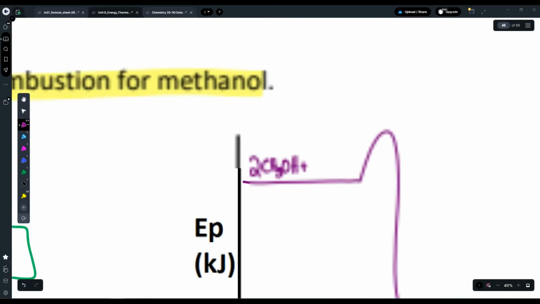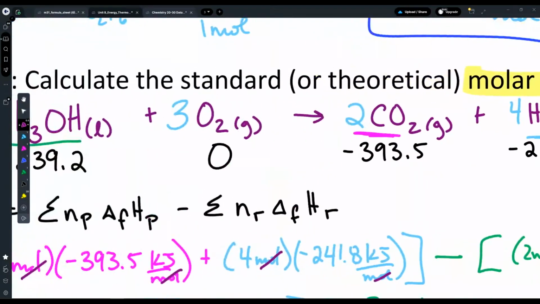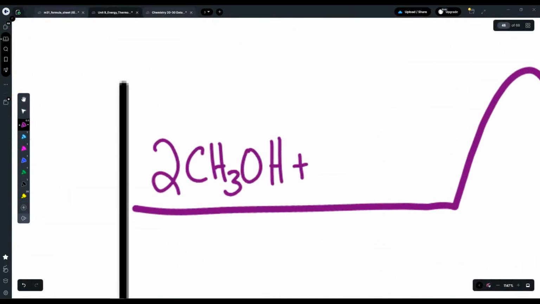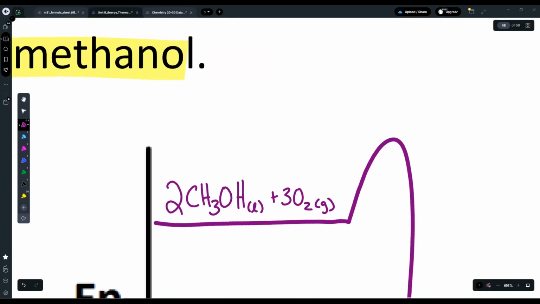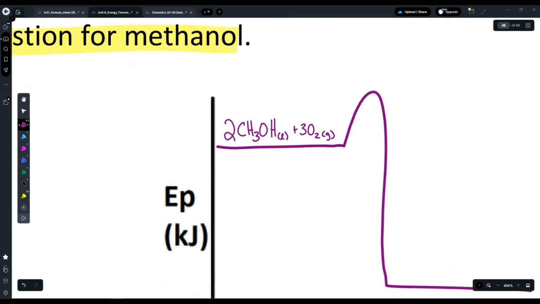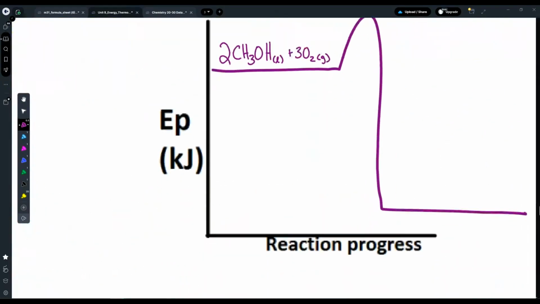So we had that plus oxygen. Okay, and then for my products, I had 2 carbon dioxides and 4 water vapors.